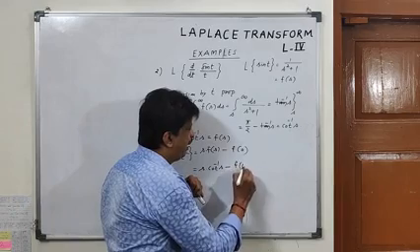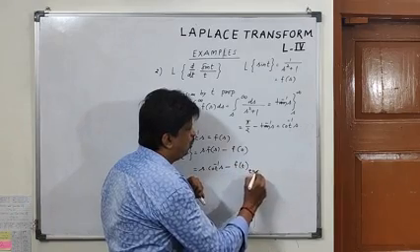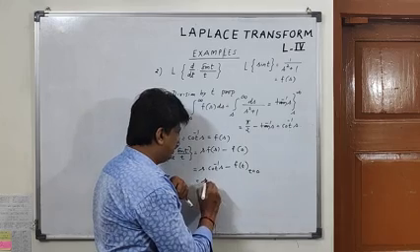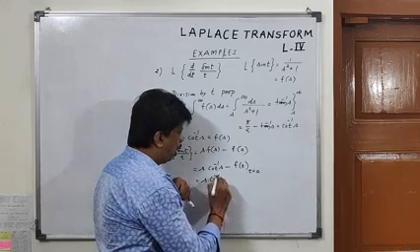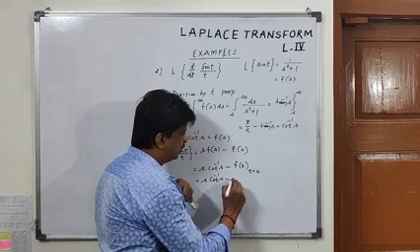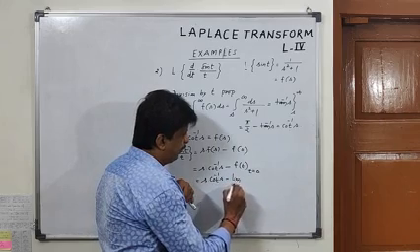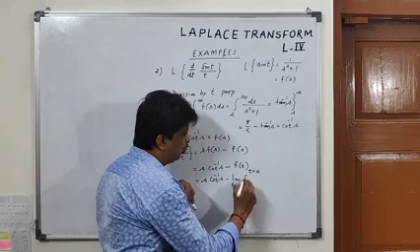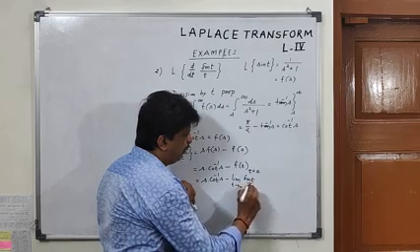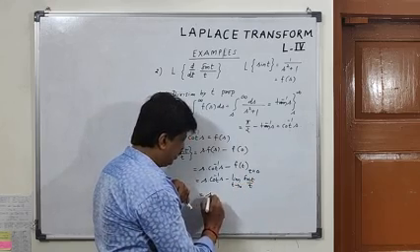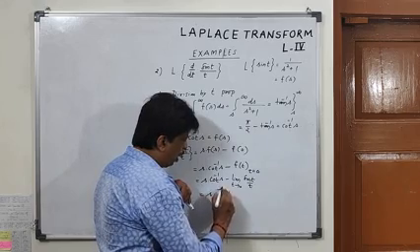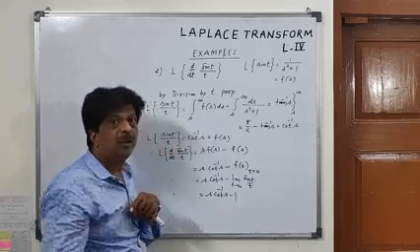So it is s into cot inverse of s minus the limit as t tends to 0 of sine of t by t, or s into cot inverse of s minus 1.